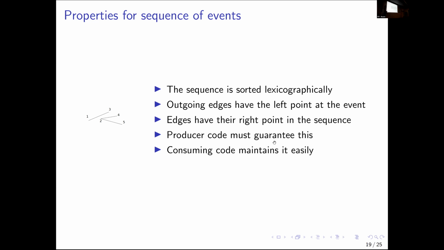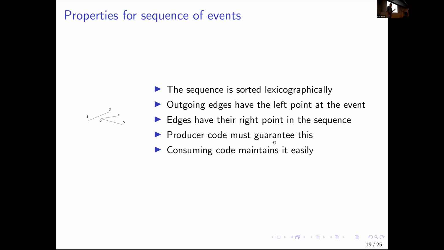It's not just a point. It's a point and the information of which are the edges that start from this point and go toward the left. So if I have these 3 edges, for example, the events are going to be ordered in that way. The first one you encounter is 1. The second one is 2. And the event records the fact that there are 2 edges leaving from there. The third event is going to be 3, and 4 and 5.